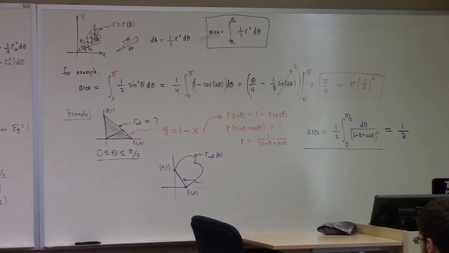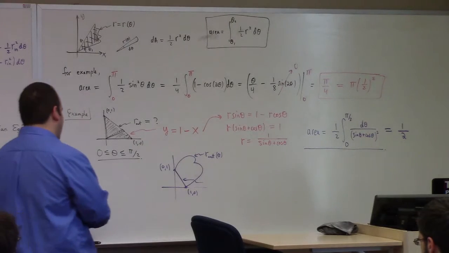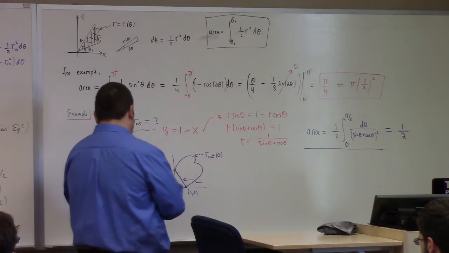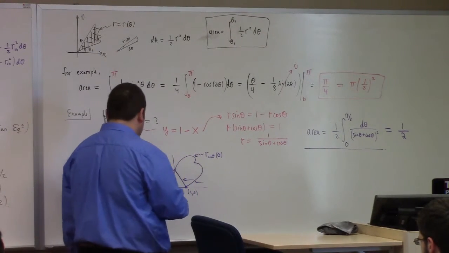Okay. Let us do another graphing example. Yep. Would you just subtract 1/2 from the area integrated? Yeah, you could. Oh, that's smart. Yeah, I like that. Let's see here. Let me rain on your parade.